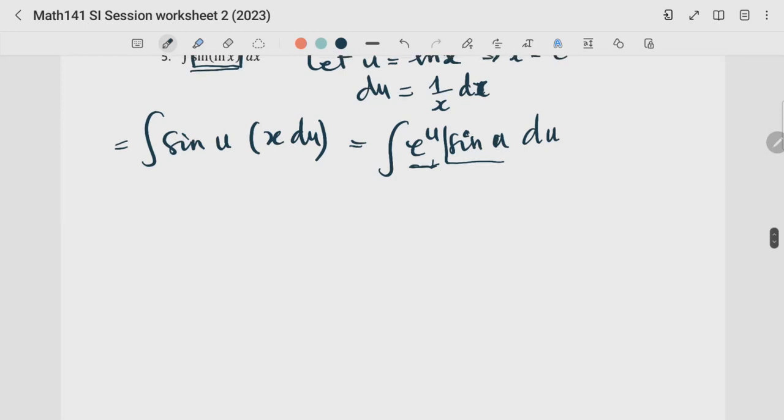So with that in mind, if we were to use integration by parts now to continue here, what would be, I'll call it a just so it doesn't confuse with the other u here, what would be our a and what would be our db, which is just another name for our dv?